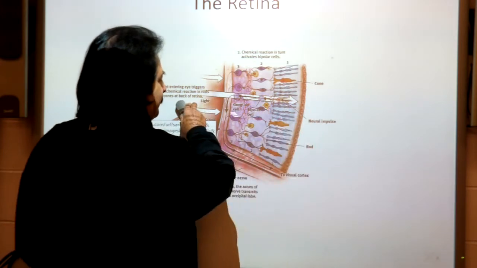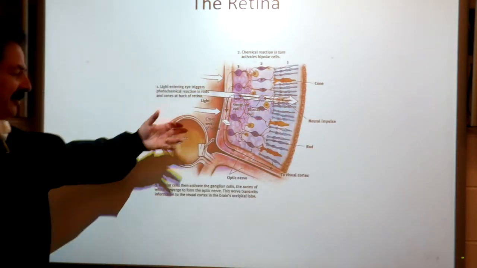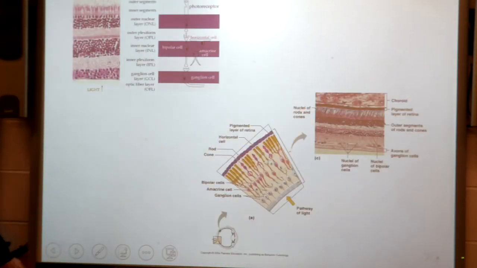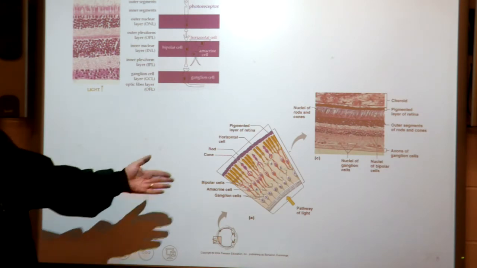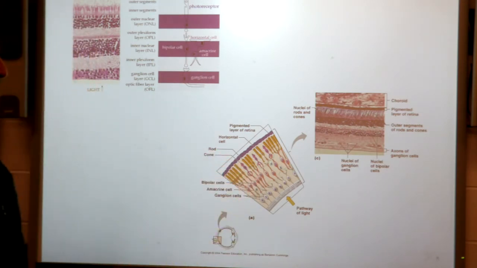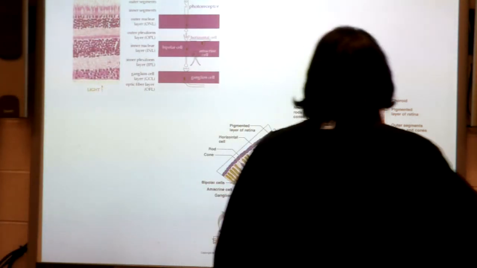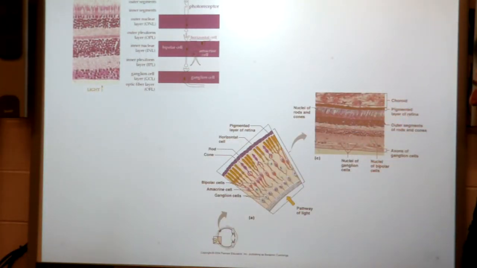Now that's if you're looking at a cartoon. This is still a cartoon right here, but for the first time we get a microscopy picture.